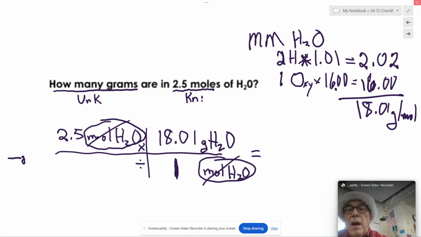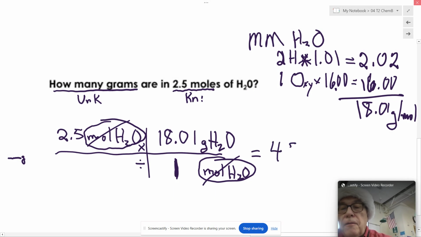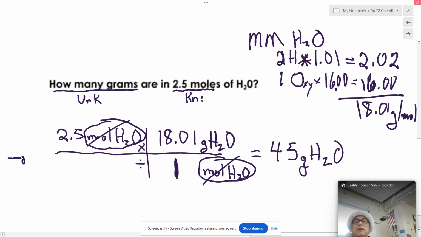I'm just going to round that to 45. And the unit that didn't cancel is grams of water. 2.5 moles of water is the same thing as 45 grams of water. So, that's how we do these kind of conversions.